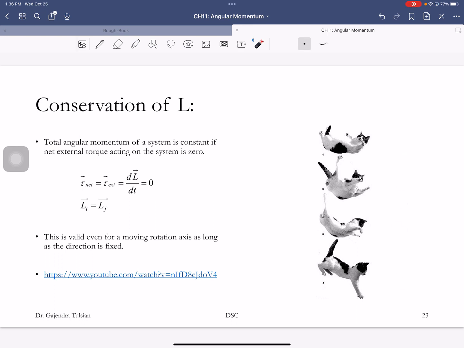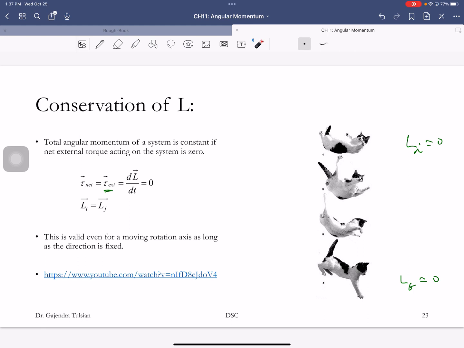So the angular momentum is 0. Well, it landed on its feet. It seems like the cat has turned, so the angular momentum was not 0? Well, the external torque acting on the system was 0, so the final angular momentum has to be 0 as well. So what is happening is the following.